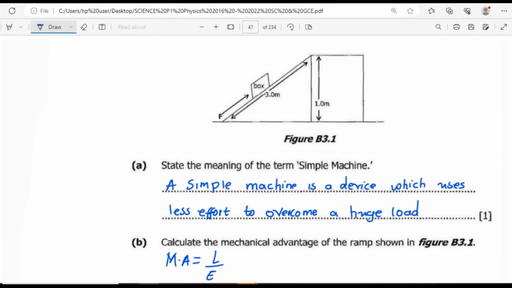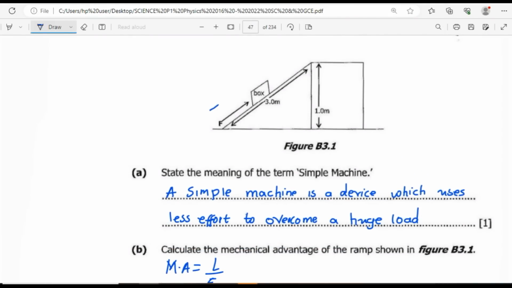So for this one, there is this slanting distance with a value of 3 meters. Then there is this perpendicular height with the value of 1 meter. So velocity ratio is just the ratio between these two numbers.